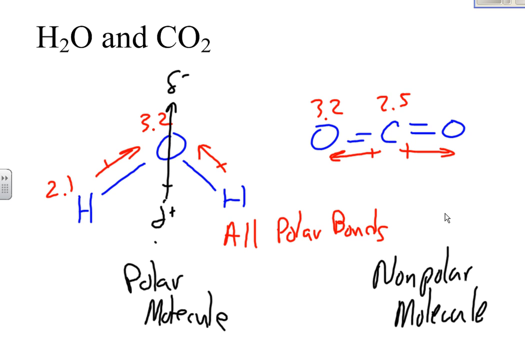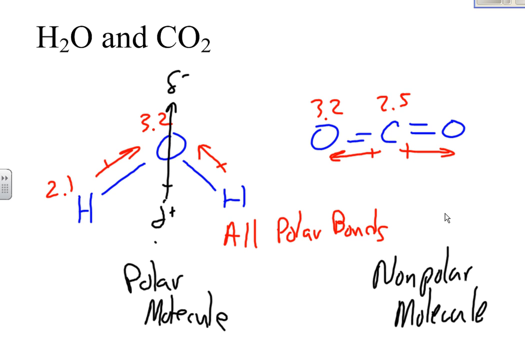So both of these have polar covalent bonds. Right? But this molecule overall is going to have a negative side to it and a positive side. Whereas carbon dioxide will have some negative buildup over here and negative buildup over here, but overall it's not going to be a polar molecule.